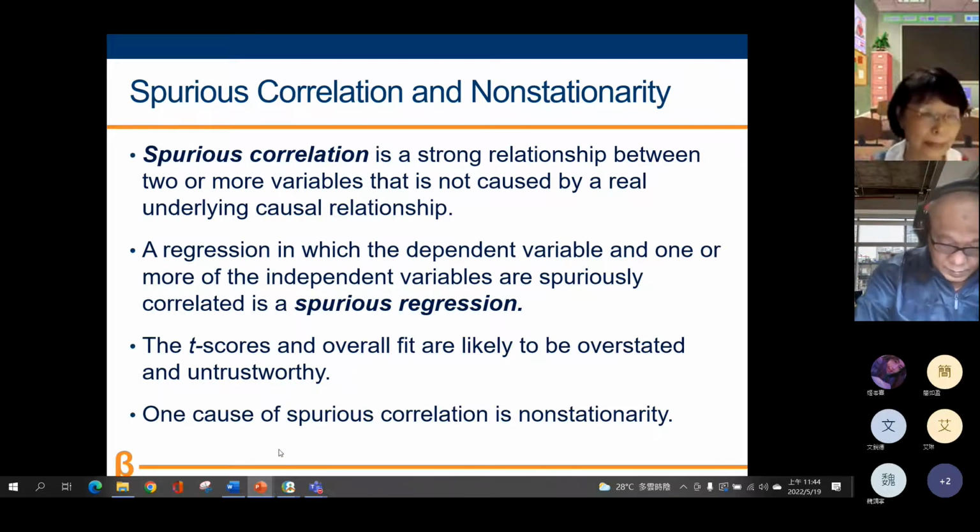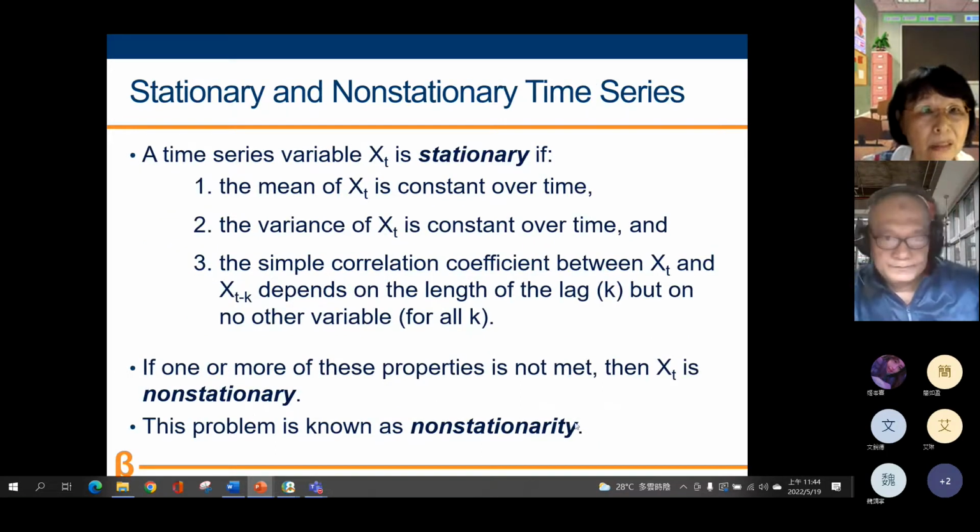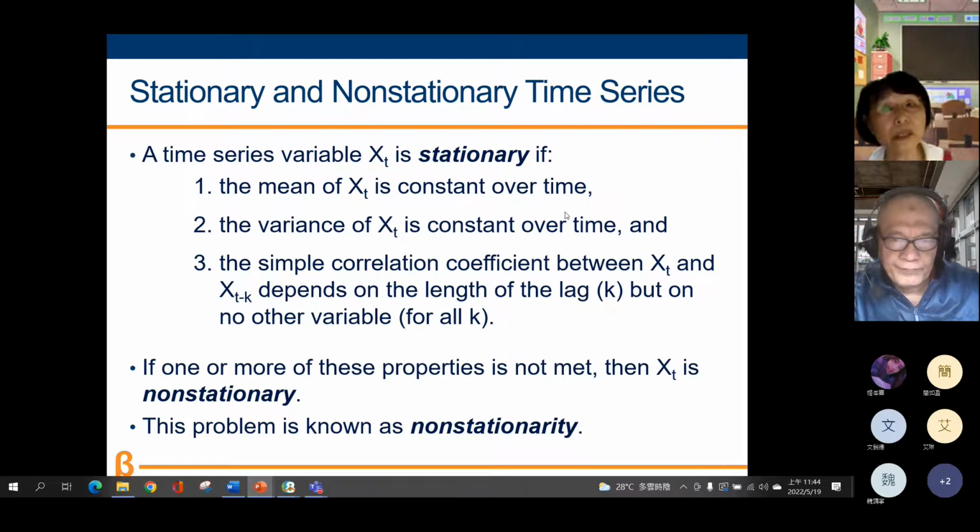And we need to understand that one important cause for spurious correlation or spurious regression is called non-stationarity. Okay? Then let's see what non-stationarity is.